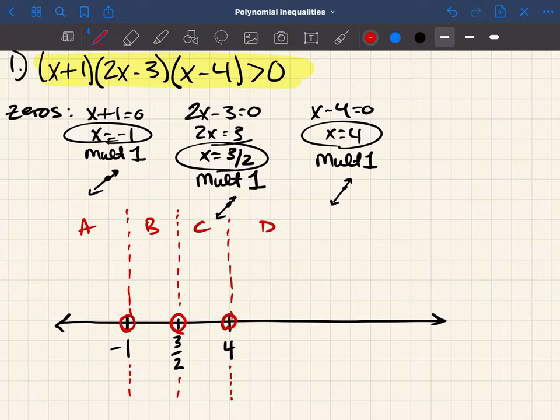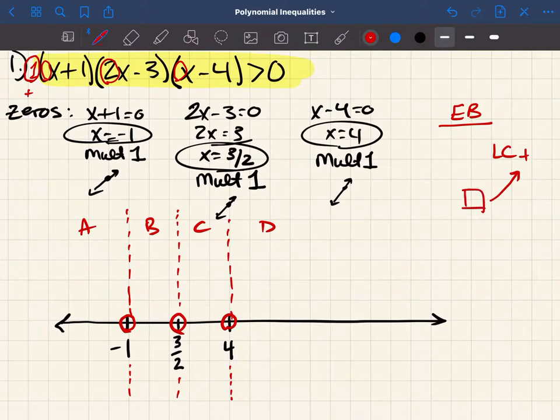All right, we need to figure out the end behavior of our polynomial. So we want to look at the leading coefficient. Here we can see that outside we have a 1, so that's positive, and this is positive, this is positive, and this is positive. So our leading coefficient is indeed positive, so that means the right hand side is going to be trending up.